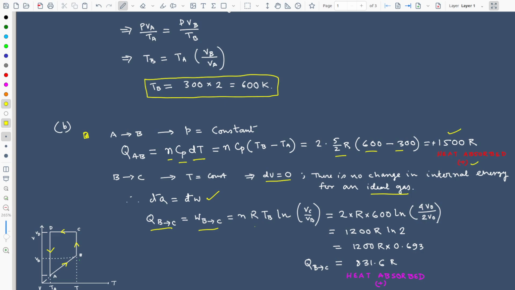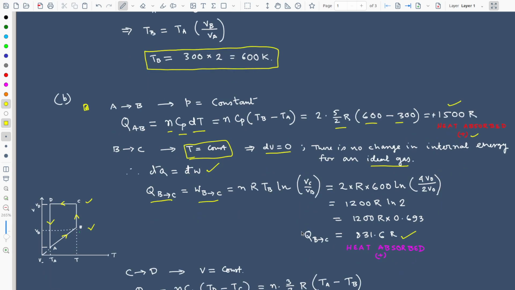It's an isothermal process, because temperature is constant here, and the work is nRTb log Vc by Vb, where Vc by Vb is 4 V naught by 2 V naught. If you calculate this, it is heat absorbed because it is a plus.